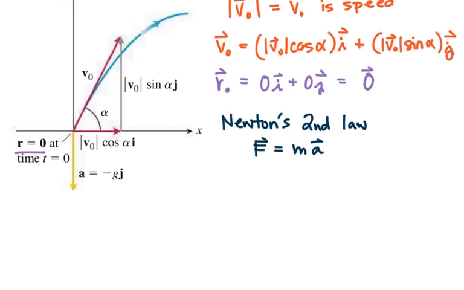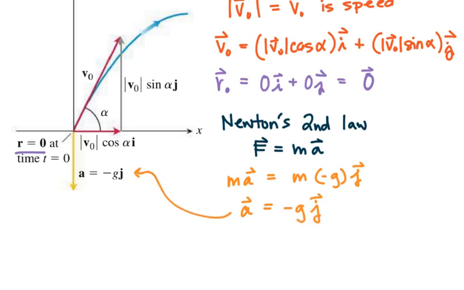So if we consider that, let's think about what that mass times our acceleration vector looks like. Well, we have a mass times some downward gravitational force times a vertical unit vector, this j vector. And if we divide by mass on both sides, we have that a equals negative g times the vector j.